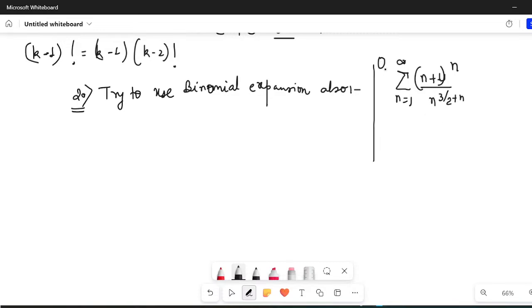Will it be a convergent series or a divergent series? Just think about it, and meanwhile I'll give you the question which I wanted to explain.